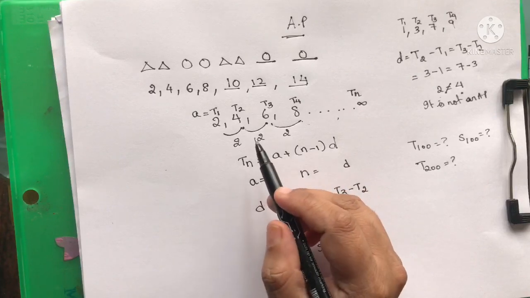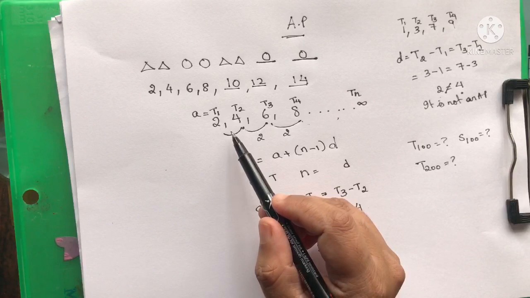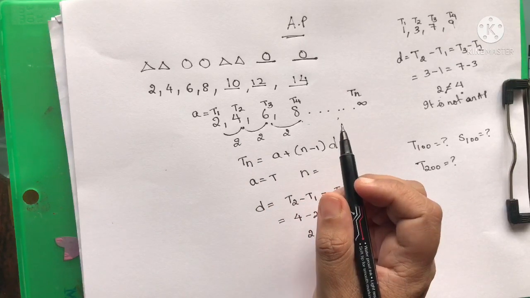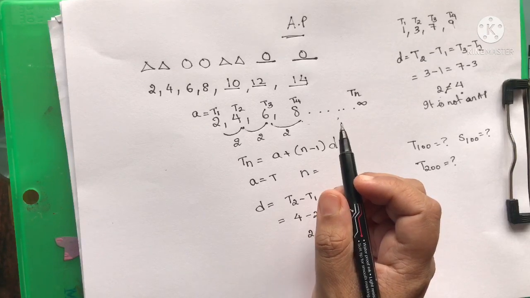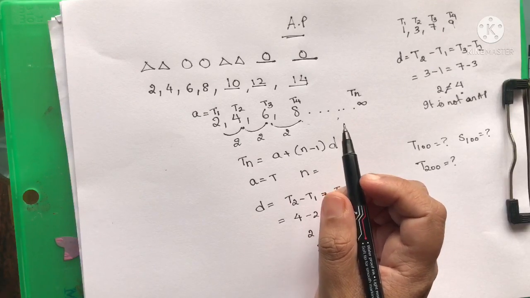But if I say what is the sum of the first 200 terms of the sequence, now it's impossible for you to sit and write and then add up. Yes, you can take a lot of patience and do it, but to do it in a jiffy is not possible. That is why formulas come as an aid.